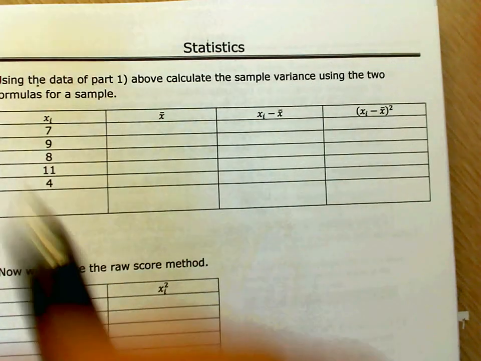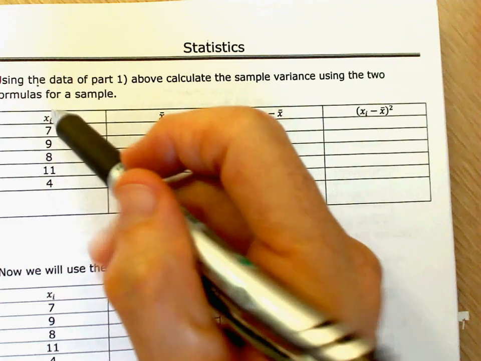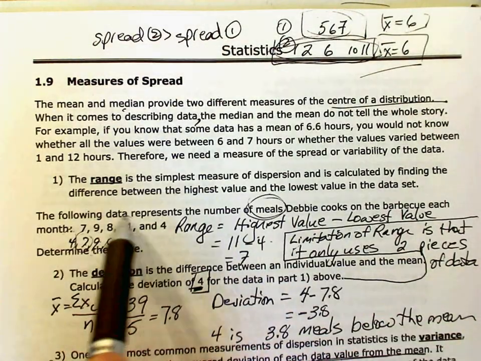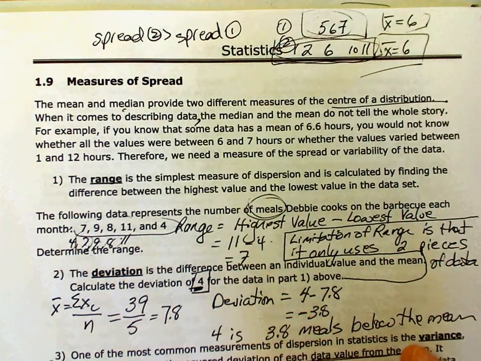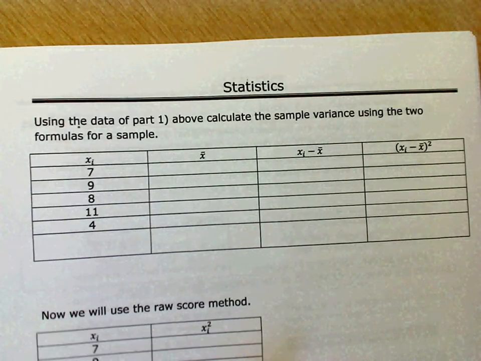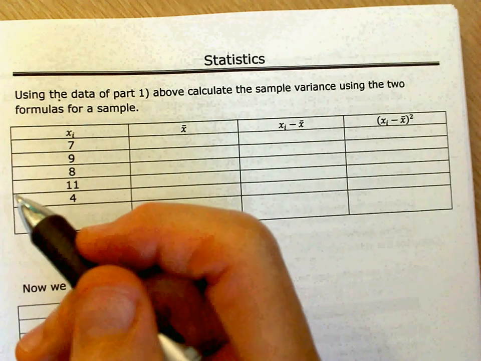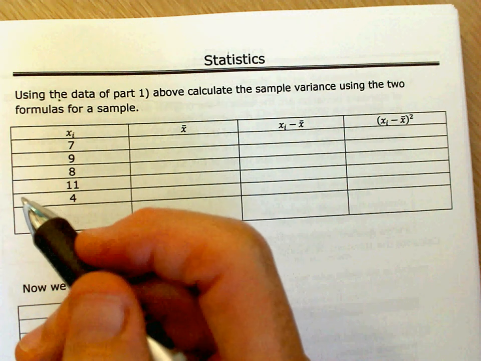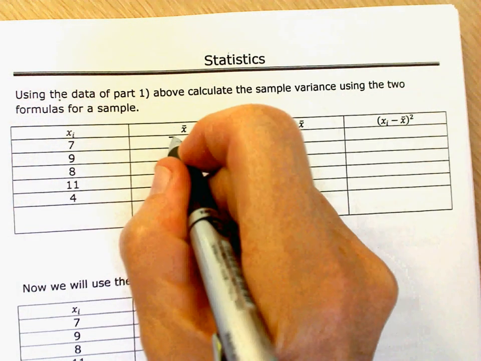I just wrote them out again. They're the values we got for the number of meals Debbie cooked on her barbecue each month. Let's calculate X bar. We calculated that already. We know X bar is 7. I calculated it on the previous page.